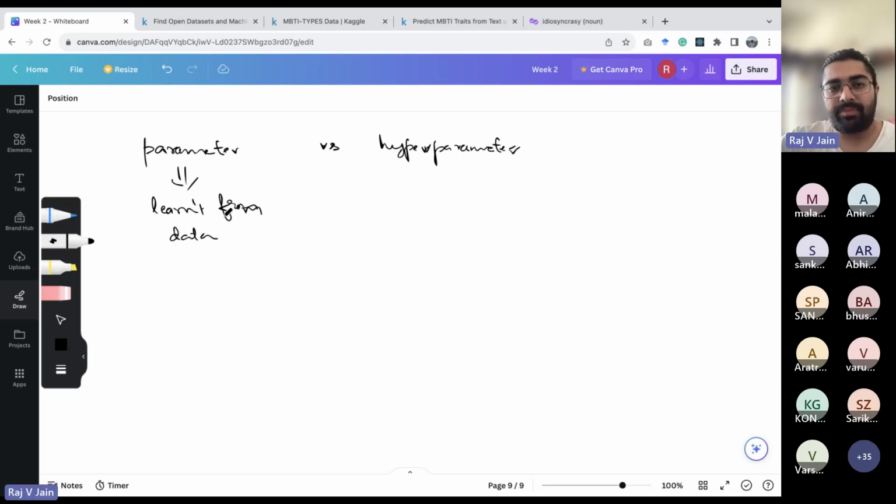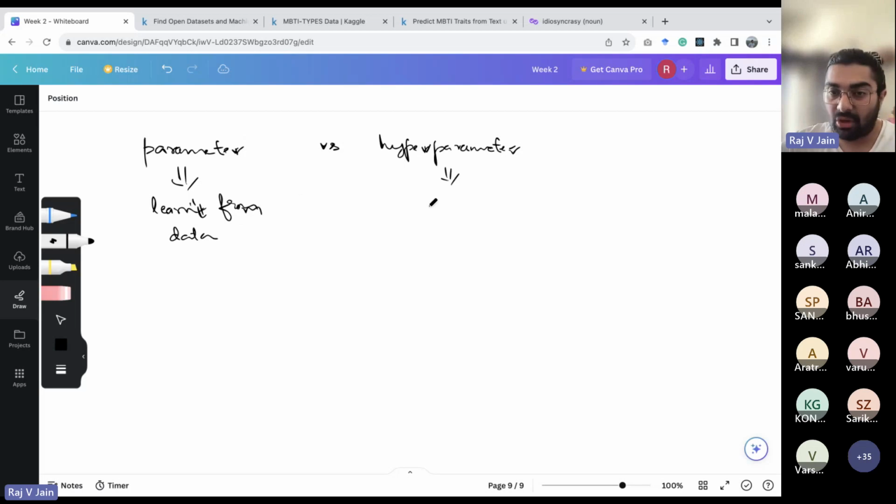So here, for a decision tree, for example, the parameter could be which feature to split on. That's one parameter, and that basically decides the number of nodes as a parameter of the decision tree and so on. So those are all the parameters of the algorithm, that is your decision tree algorithm.